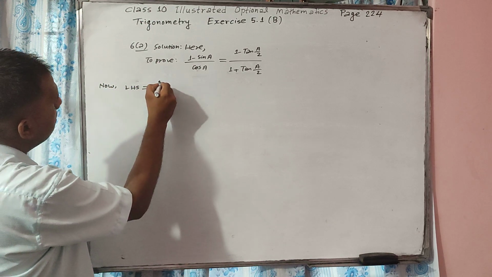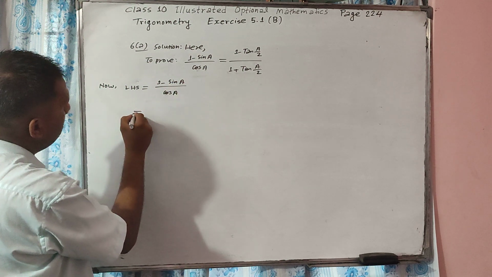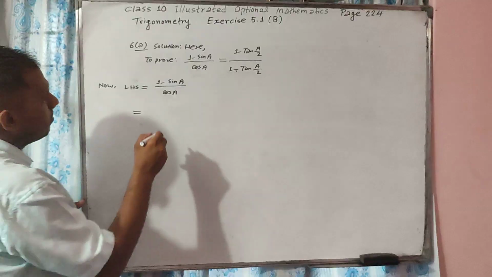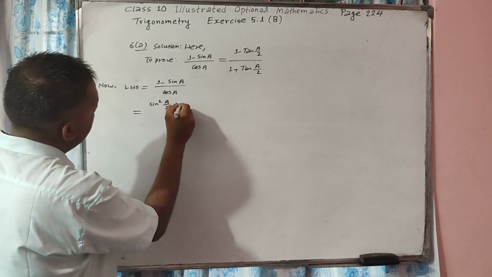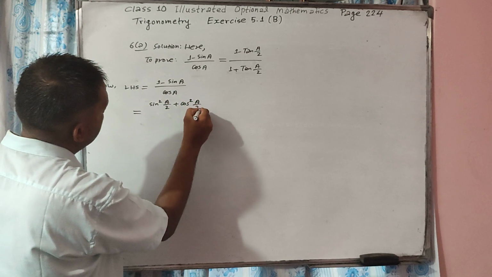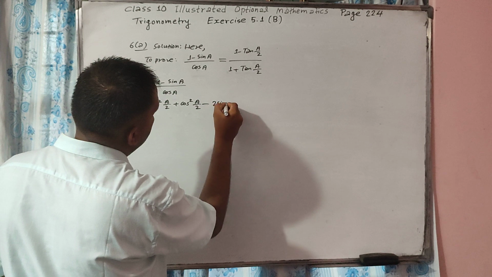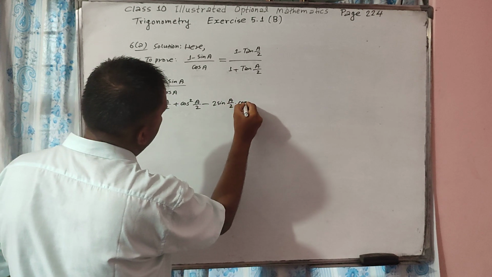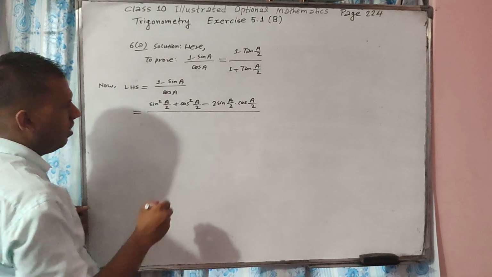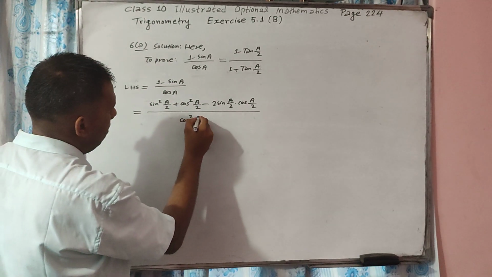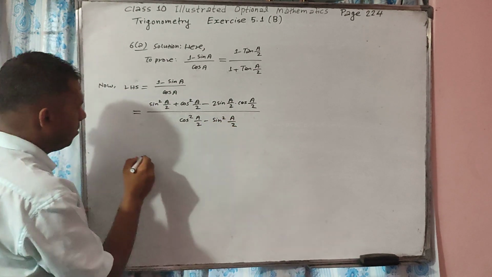Now LHS is equal to 1 minus sin A all upon cos A. This 1 equals sin square A by 2 plus cos square A by 2, minus sin A, that is half angle form, 2 sin A by 2 dot cos A by 2, all upon cos A, that is half angle form, cos square A by 2 minus sin square A by 2.